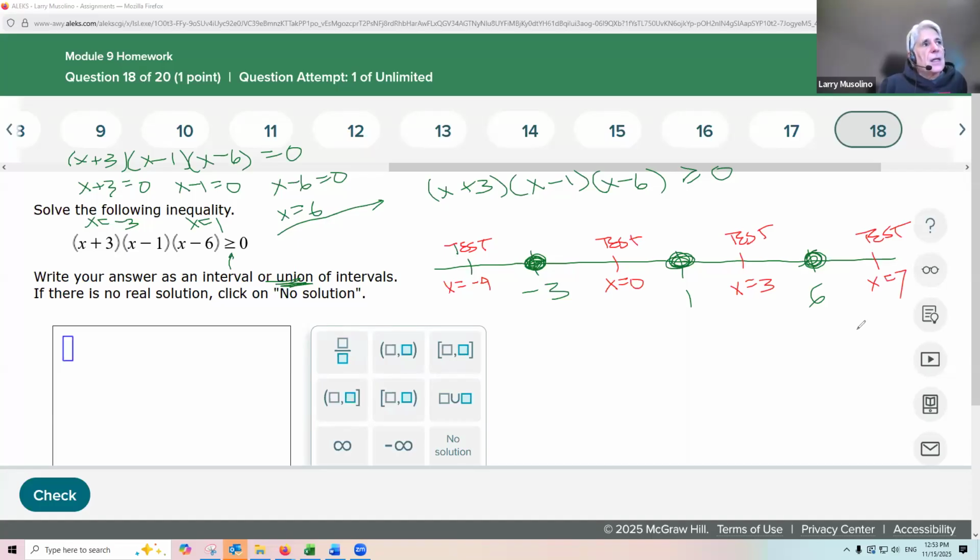All right, let's test each interval here one at a time. Now, let me give you a little shortcut. Let's take x = -4. Here is the starting inequality. Let me plug in -4 for x.